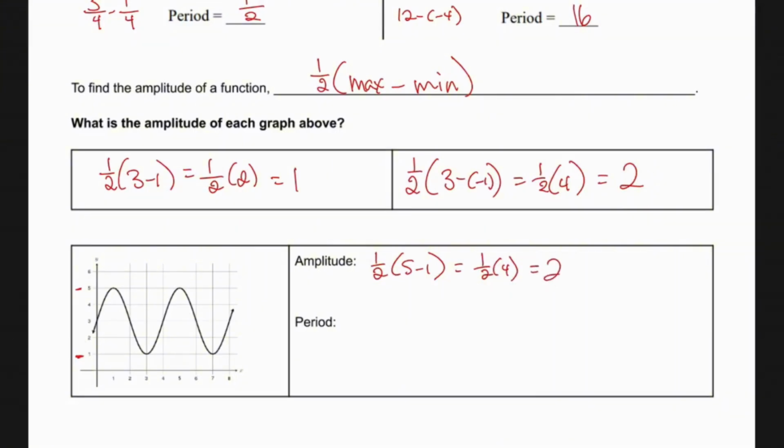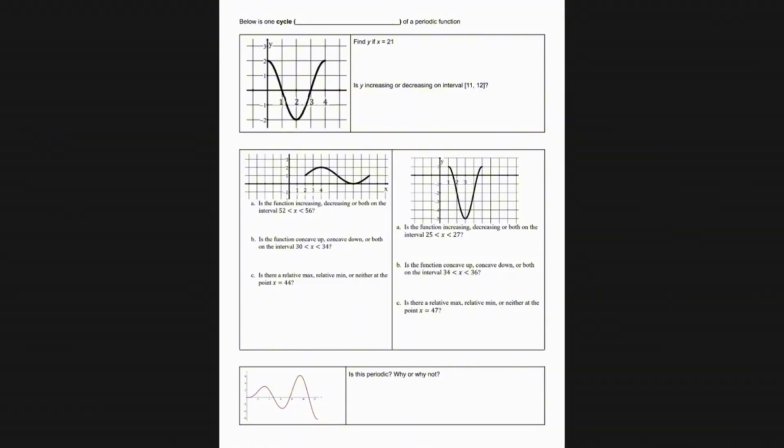And then for the period, I just pick a good spot where they repeat, like here at 1 and 5, they seem to repeat. So 5 minus 1 is 4. Okay? Again, nothing crazy, not yet.